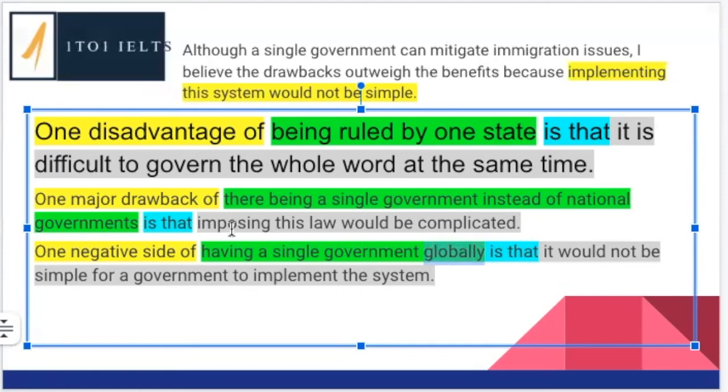So what part of this could be considered as a verb in this? So it works. What part of this is a verb that's been mutated? The having. So the globally here is referring to the having rather than the government.